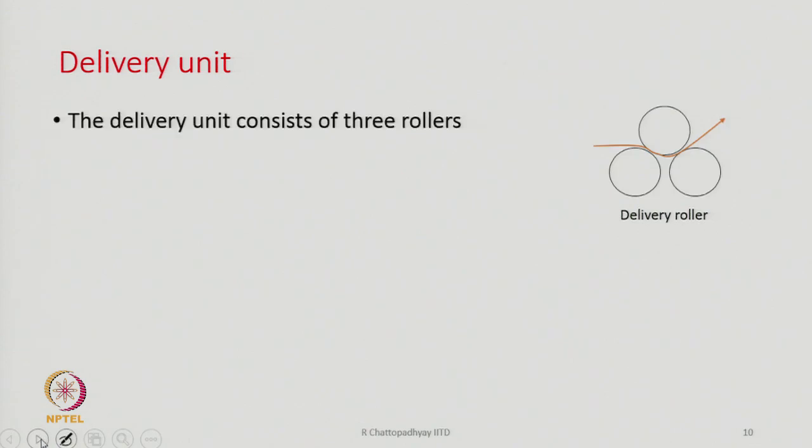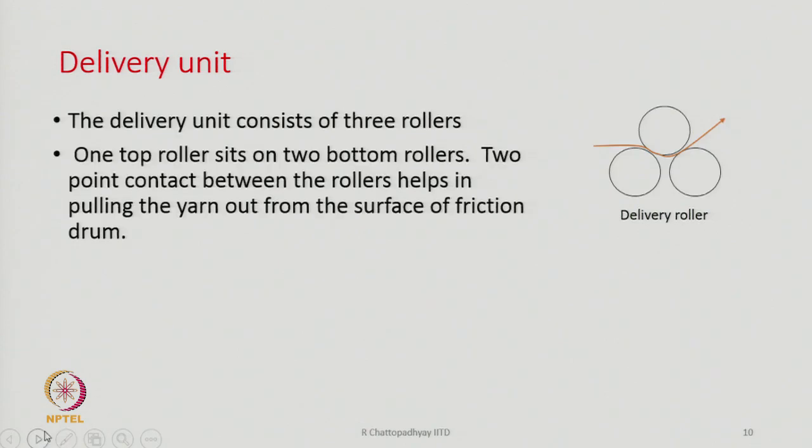The delivery unit consists of, as shown here, 3 rollers and 2 nip zones. This helps us pull the yarn at a very fast rate. The delivery rate is 180 or 200 or 250 meters per minute.